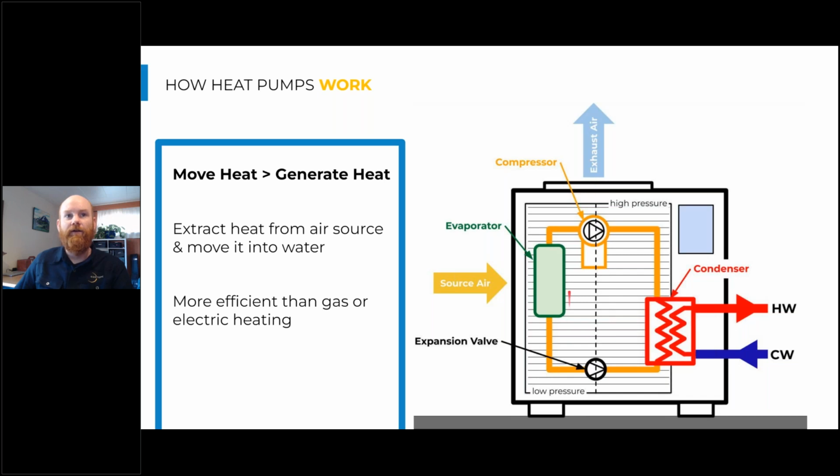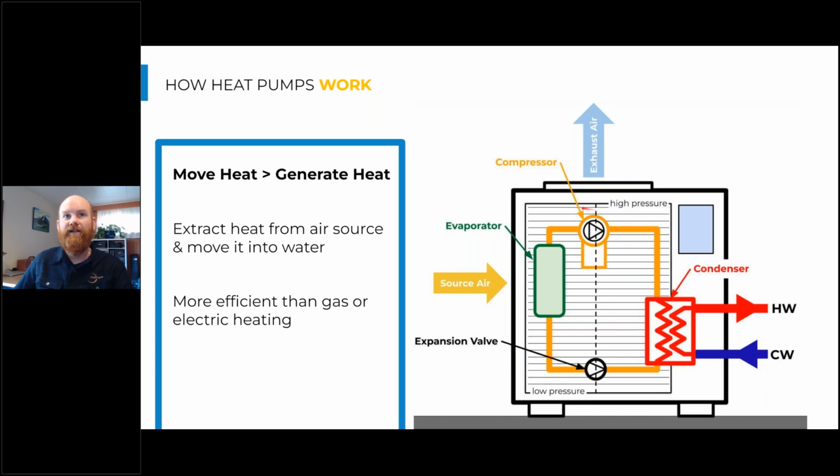So in our low pressure cool evaporator, we can blow air over that evaporator, which is a heat exchanger, and extract that heat even when it's 30 degrees outside or 20 degrees outside, depending on the refrigerant that's in this circuit. And then we essentially moved a portion of that heat into that refrigerant.